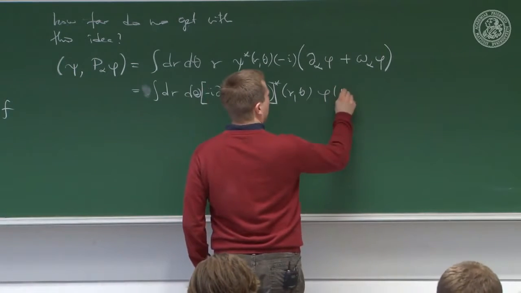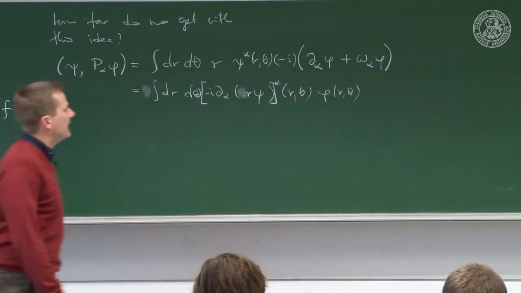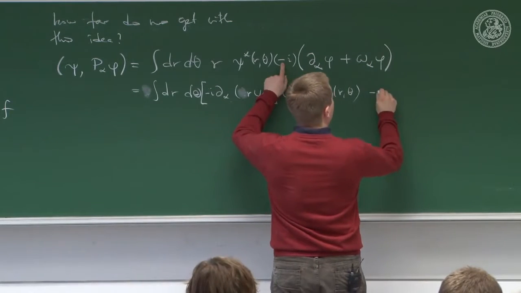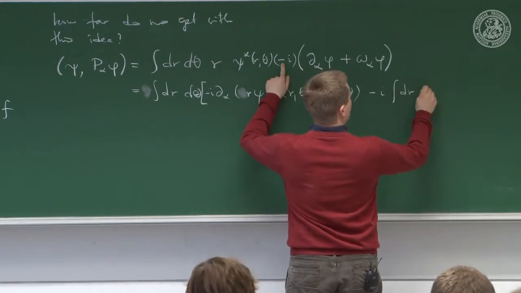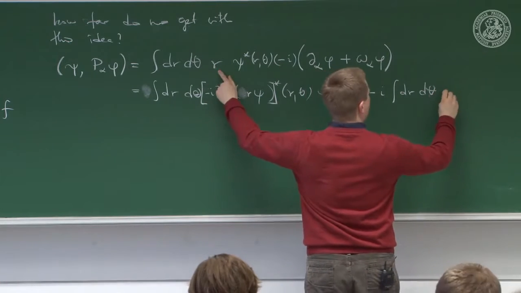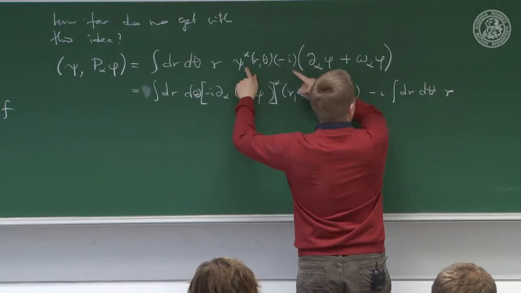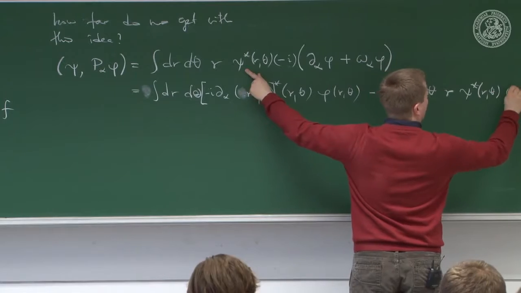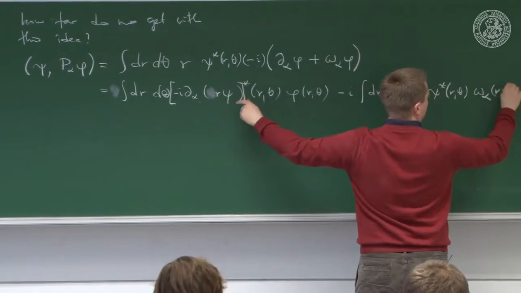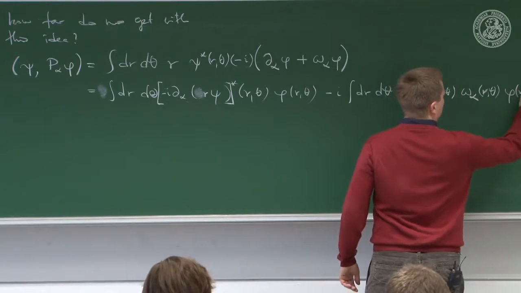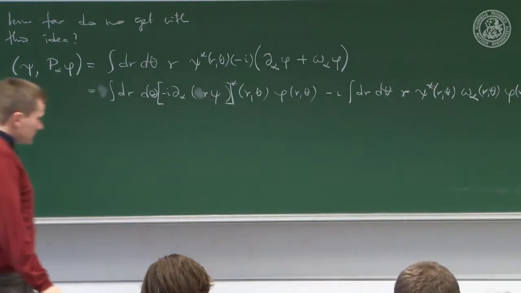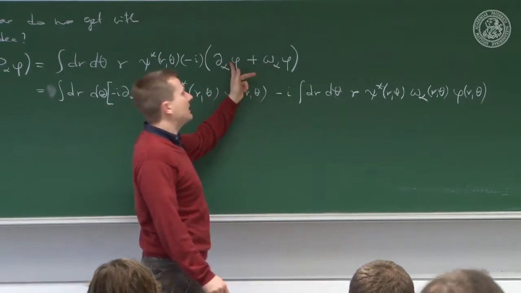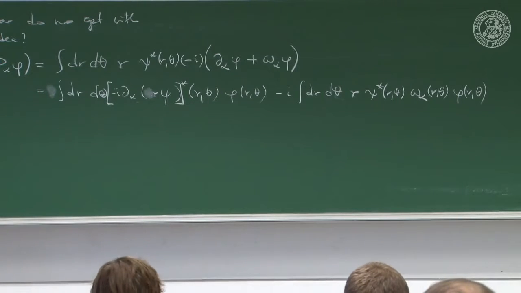And then the phi is free of any derivative action. Then there is an extra term, an extra integral, minus I times dr d theta r psi star of r and theta omega alpha, which will depend on the point r and theta, and phi of r and theta. So we produced an extra term here. This extra term comes because we used a covariant derivative, and we gave up the idea that this is a wave function, but rather a section of a C-line bundle.